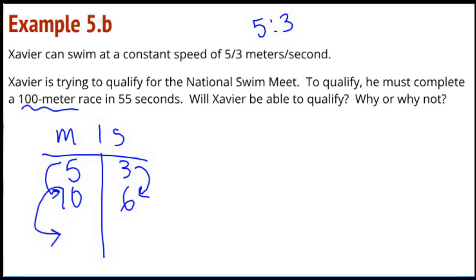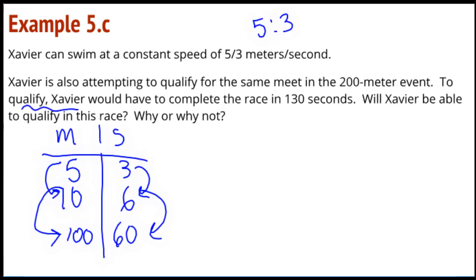So I can multiply by 10 and multiply by 10 and find out that it would take 60 seconds to go 100 meters, which is not fast enough to qualify. In the next one then, I can extend my table further, doubling again, 200 and 120, and find out that he would qualify in the 200 meter.